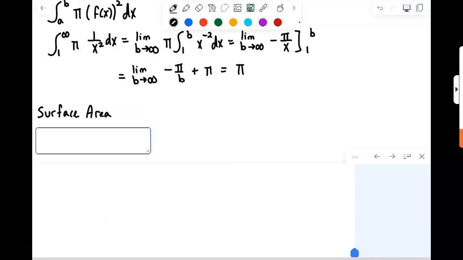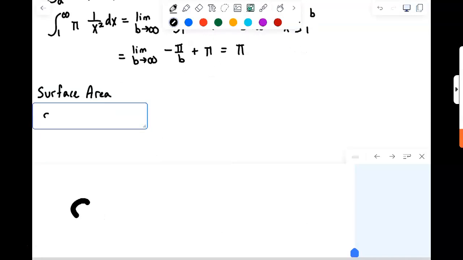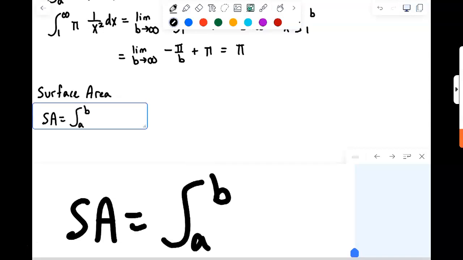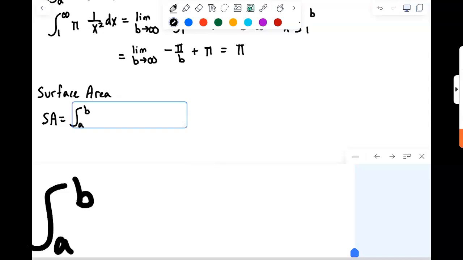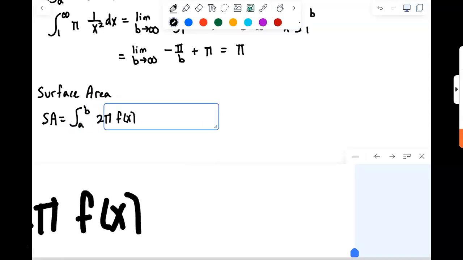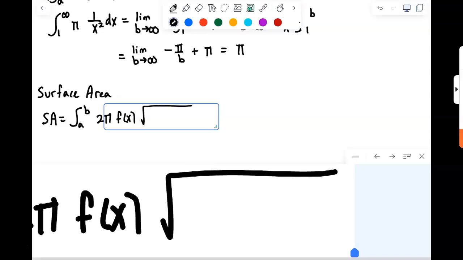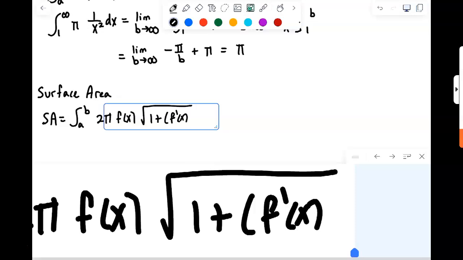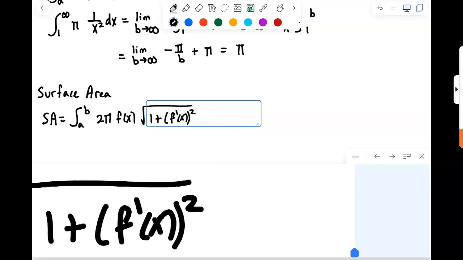Let's talk about the surface area. So recall that surface area of an object is the integral from a to b of 2 pi f of x times the square root of 1 plus the derivative squared dx.